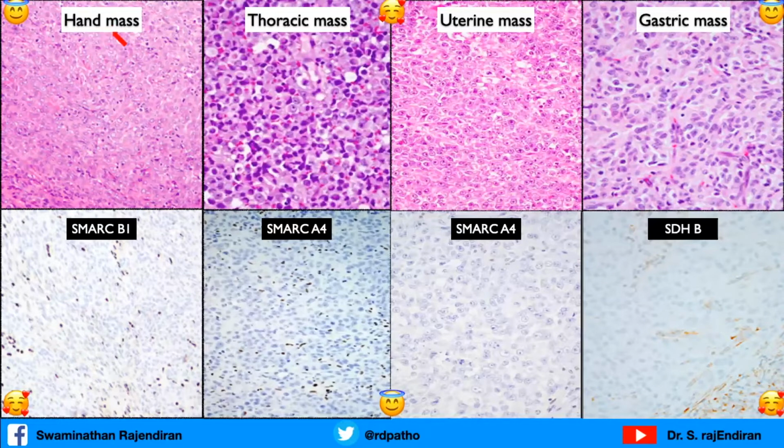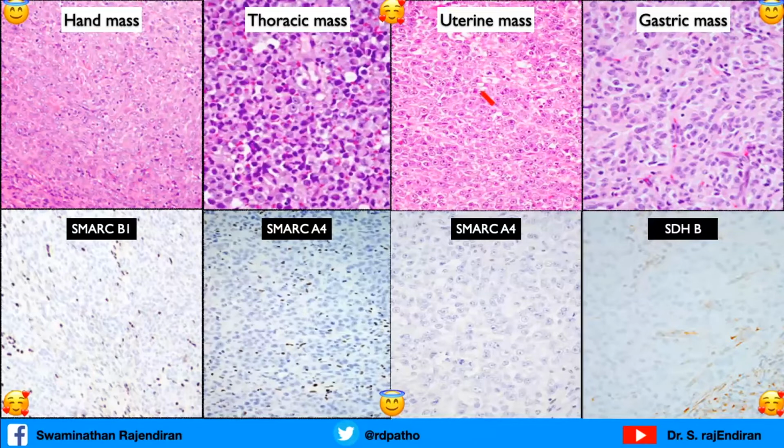This is a head and neck mass, and this shows loss of this marker, SMARCB1, also known as INI1. And this INI1 is preserved in the background lymphoid cells and some of the endothelial cells probably, but the tumor cells are absent. In this epithelioid tumor, there's a history of thoracic mass, and SMARCA4 is negative. Again, background cells are positive.